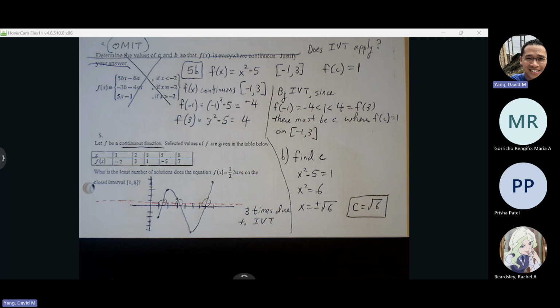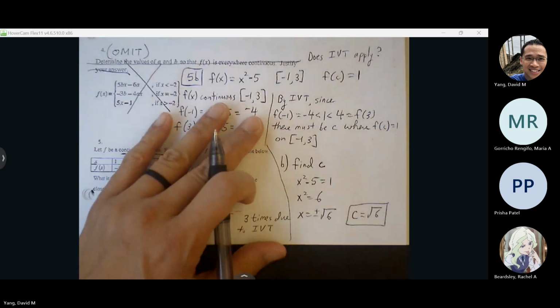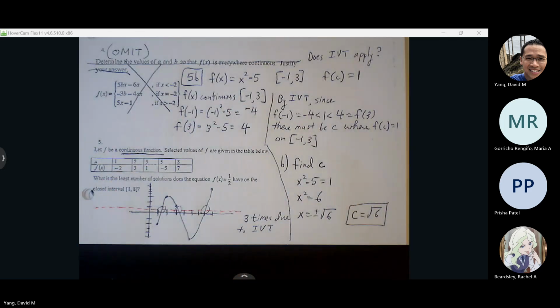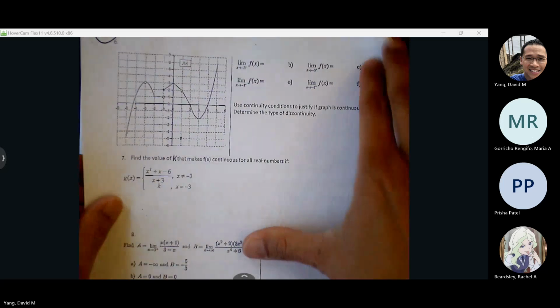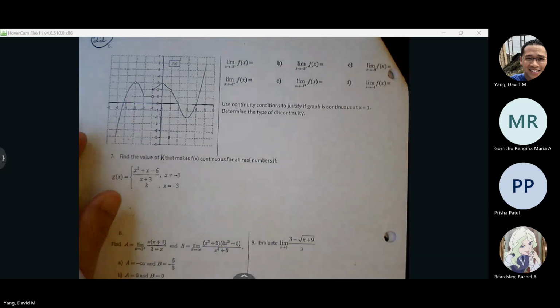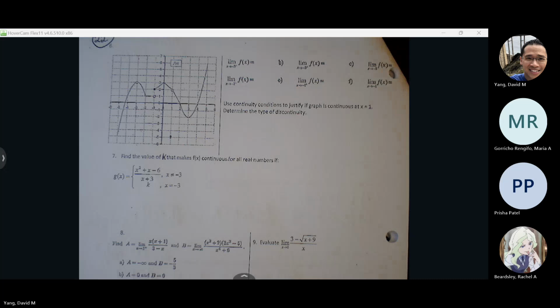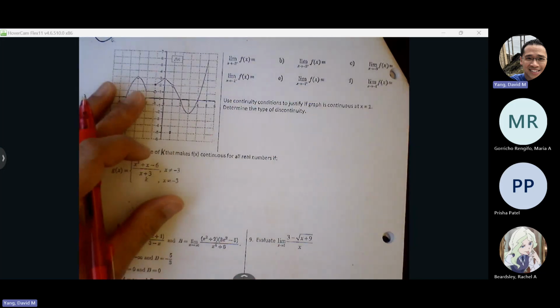Any questions, page 21? All right, page 22. We're just reading our graph here, approaching -3.